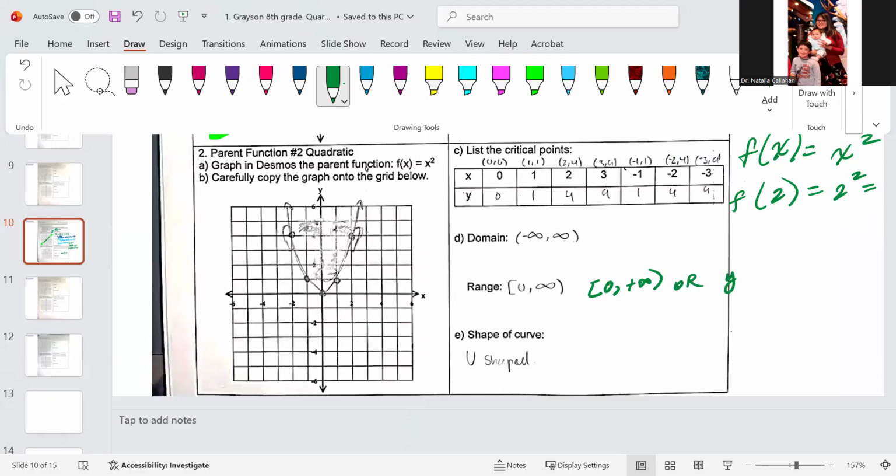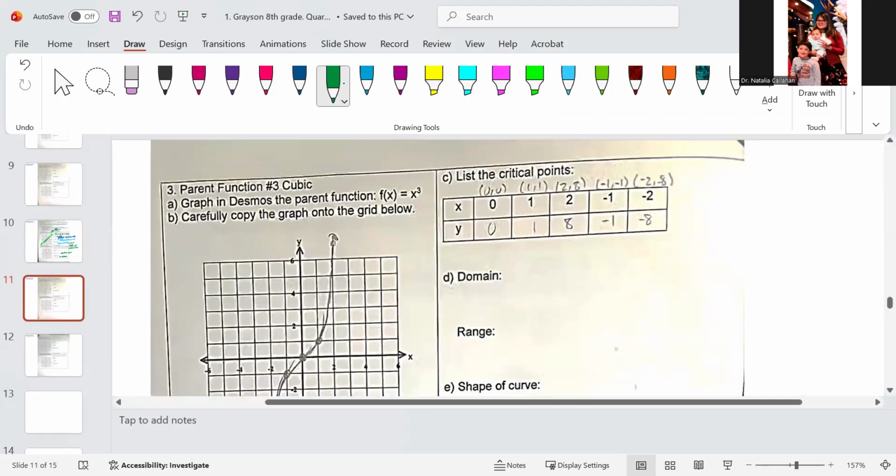Or y is greater or equal to what? Those are the 2 different ways of writing the range, okay? Shape of curve, a U shape, right? Or what is this called? Parabola.